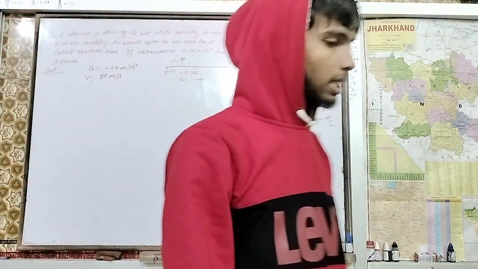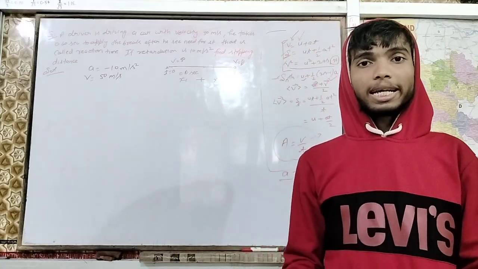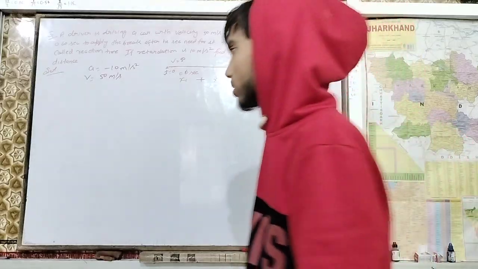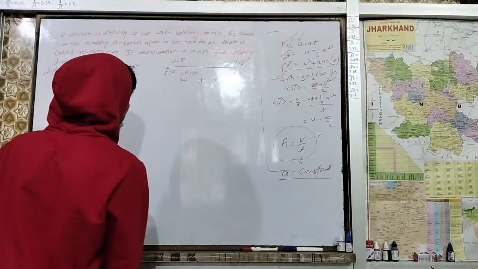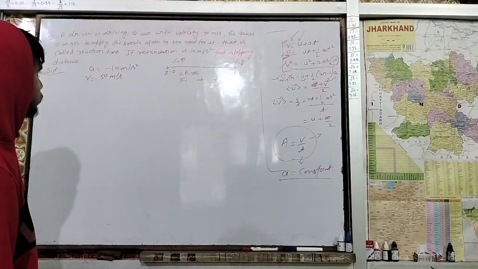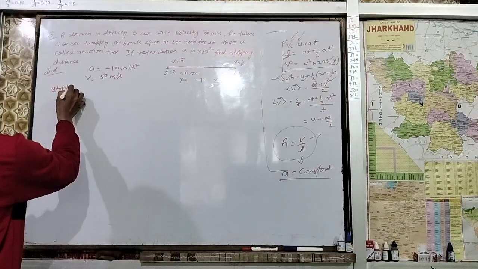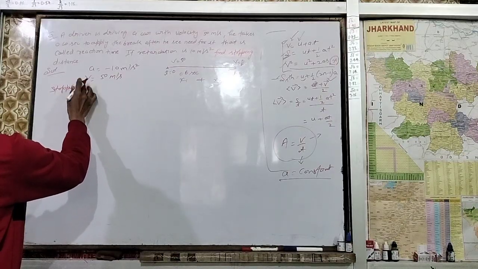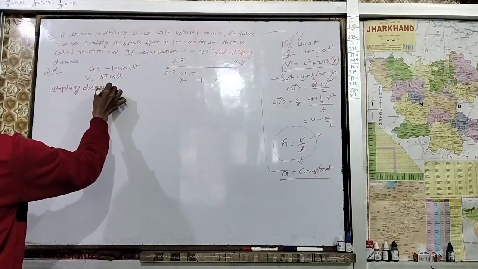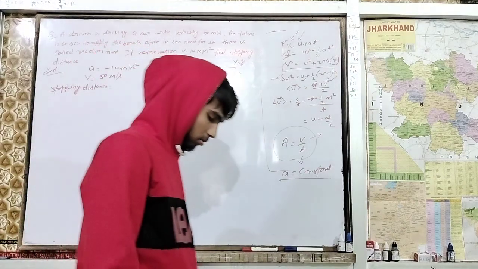Stopping distance is the distance it takes to stop a vehicle, that distance we are talking about. So our stopping distance would be x1 plus x2.